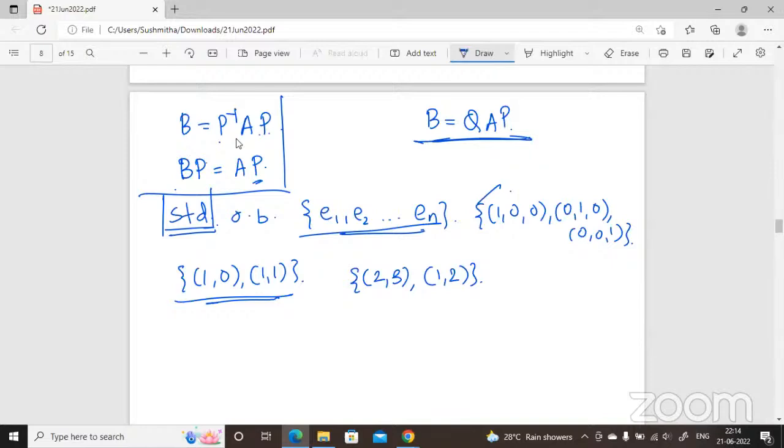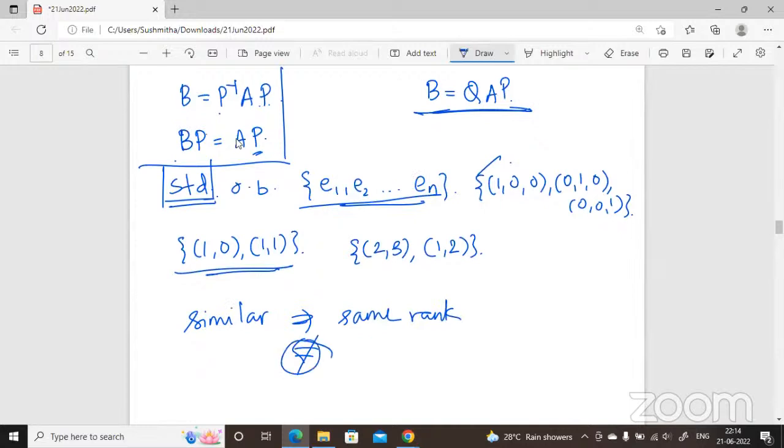Then if matrices are similar, the rank is the same? Similar implies same rank. But the converse is not true. Same rank does not imply similar. We want something which will imply that it is similar, but we don't have something like that.